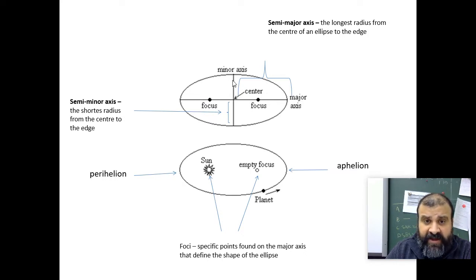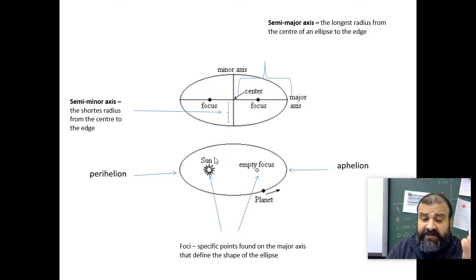And they've got a minor axis, that's the short axis. And then they have two focal points. The focal points are these specific points found at the middle of each half of the major axis.